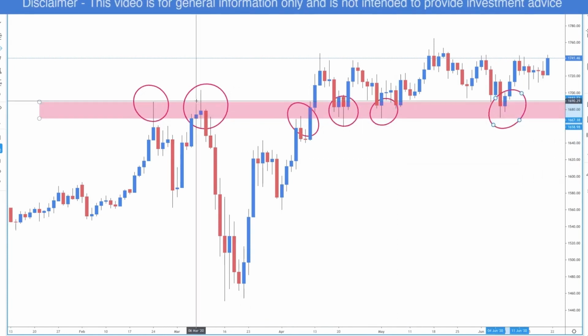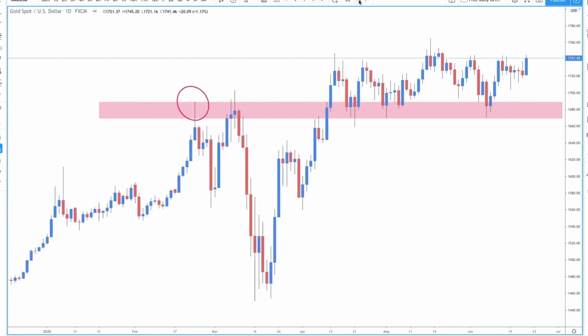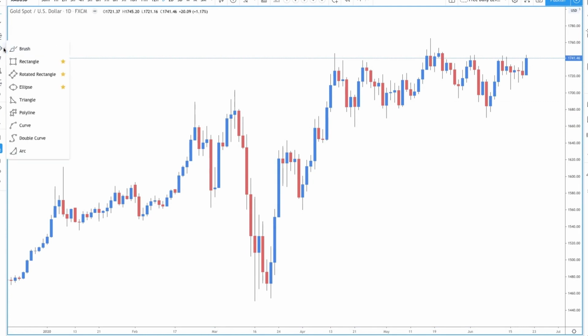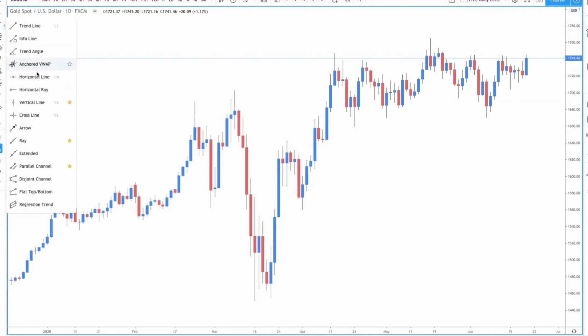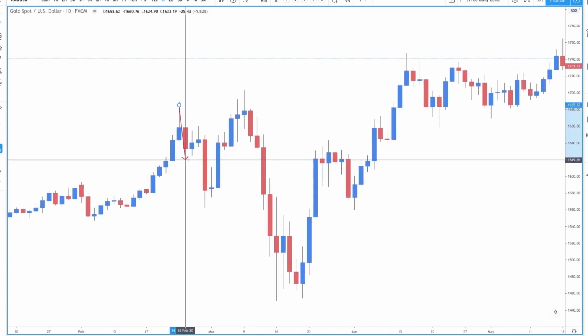But now I want you to look at this in terms of supply and demand. So let's get rid of this area here. What we've got is lower highs and lower lows being made.